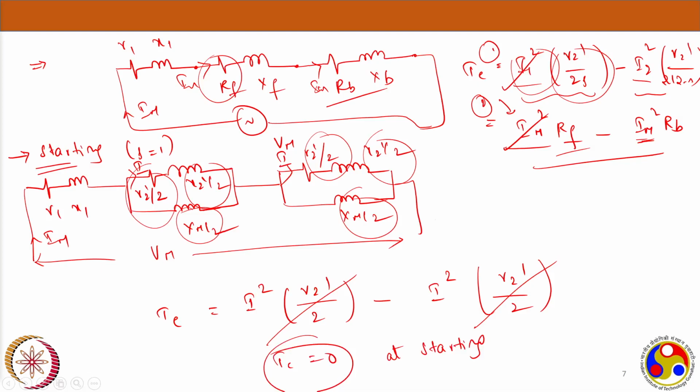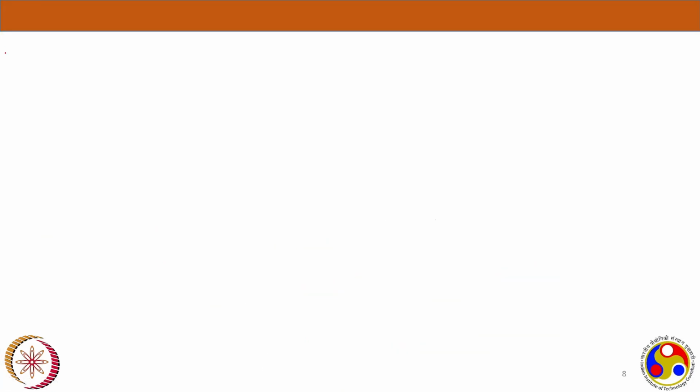So what is the other condition which we discussed last week? The single phase induction machine will have a running torque. Running torque means it will have some slip. Slip is not equal to 1. Now if you see that particular condition, for other slips, slip is not equal to 1. That means it is in running condition.